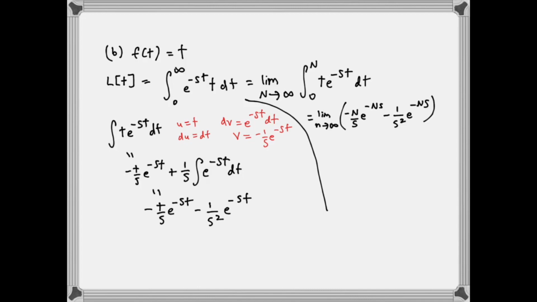All of that minus, and then I'm going to plug in 0. If I plug in 0, I get 0 minus 1 over s squared. So I'm doing the limit as all of this goes to 0, okay? So what do we end up with here?